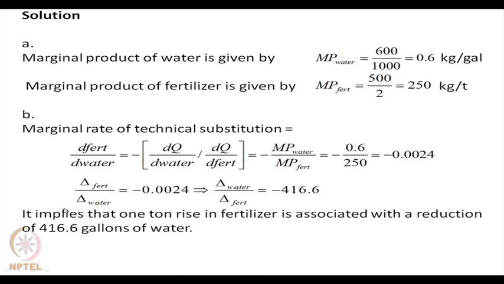It implies that a 1 ton rise in fertilizer is associated with a reduction of 416.6 gallons of water. That means, if we apply 1 ton of fertilizer more, then our requirement of water will fall by 416.6 gallons. This information we are getting from the value of the marginal rate of technical substitution.